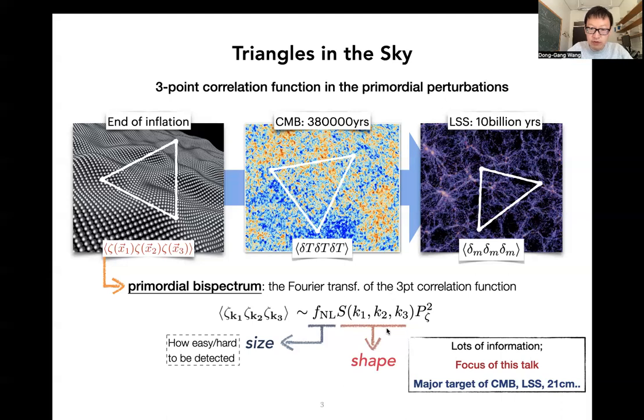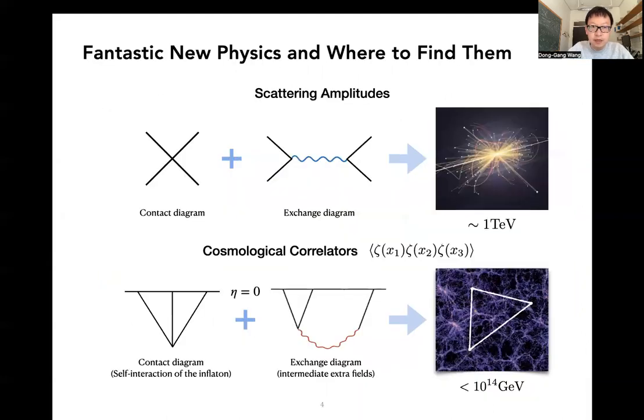We also have this shape function S, which is a function of three Fourier modes, k1, k2, k3, and it contains a lot of information related to the physics of inflation. This S function is the focus of this talk, and it's also the major target for future CMB, large-scale structure and 21 centimeter observations.